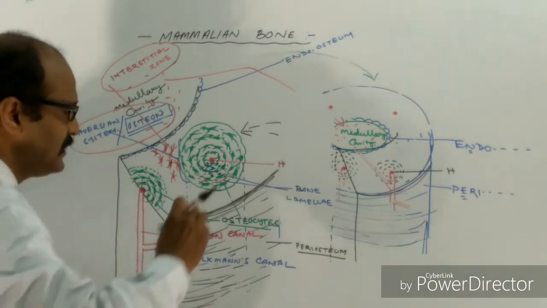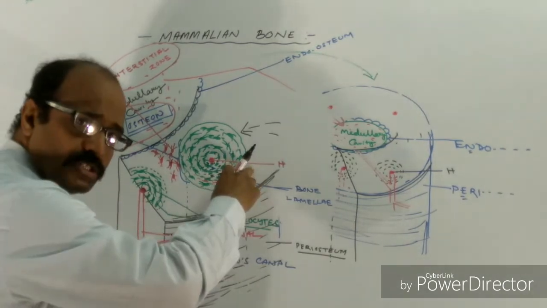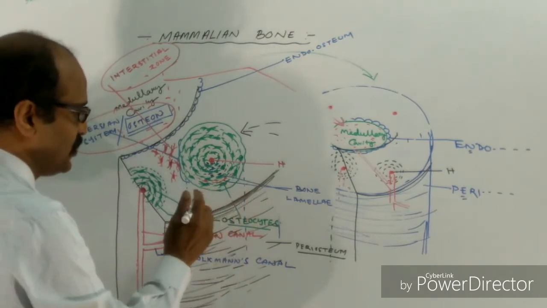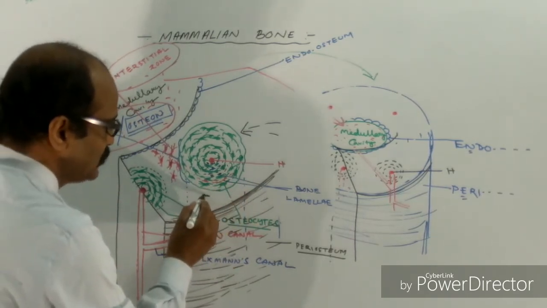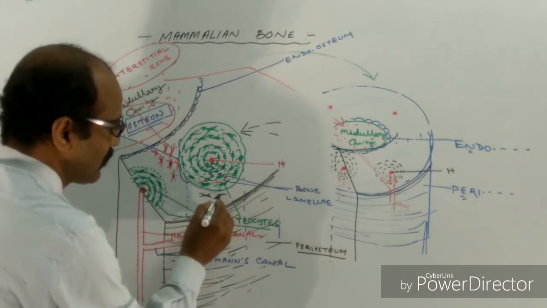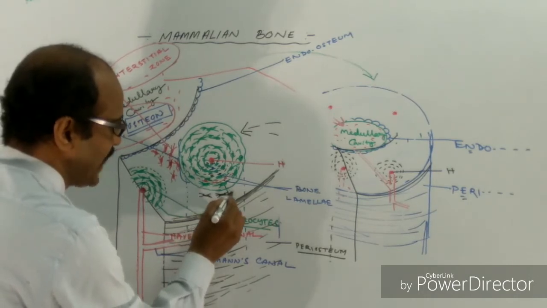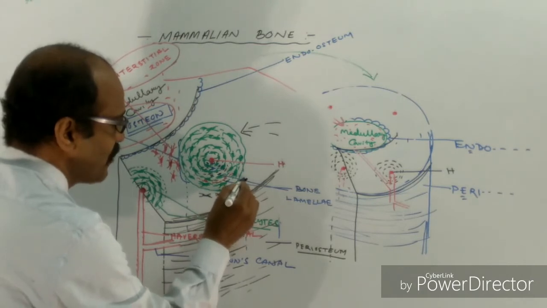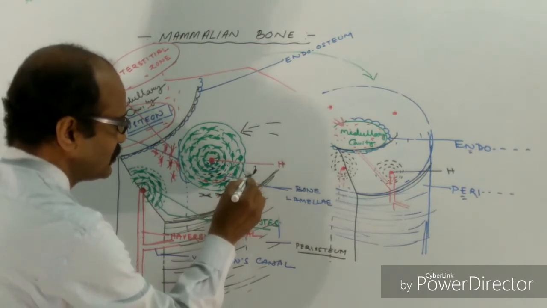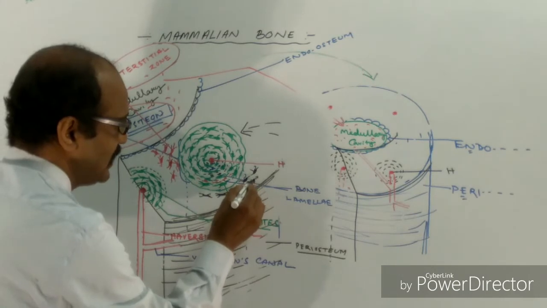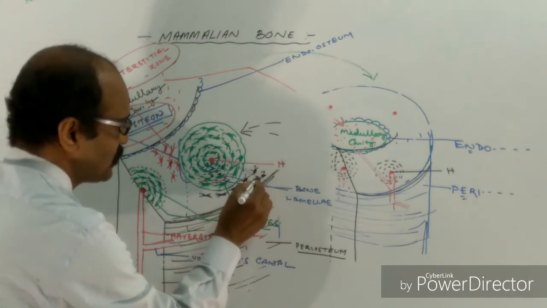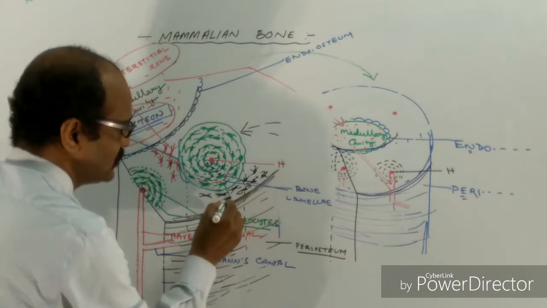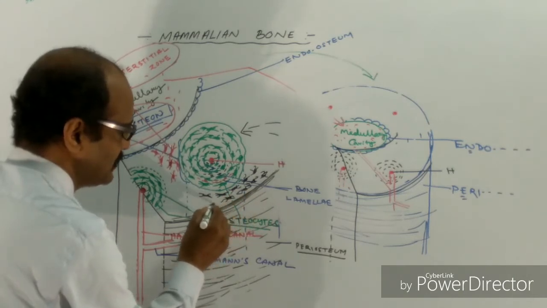So in between the osteon and the periosteum, this region has some osteocyte cells and a thin layer of matrix. Suppose that here two layers of osteocyte cells are present. These are the osteocyte cells.